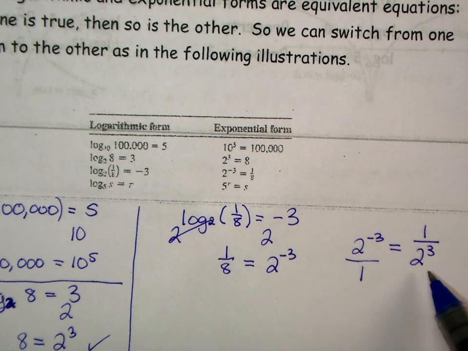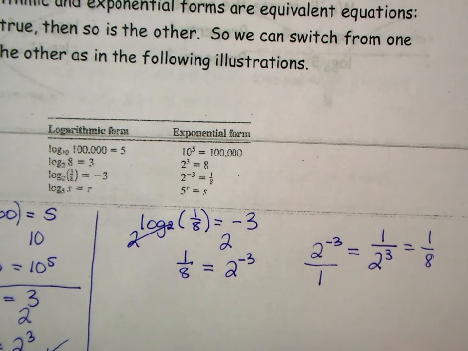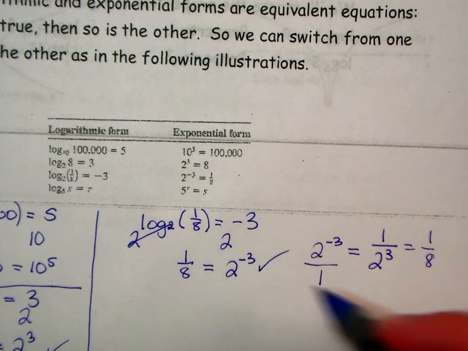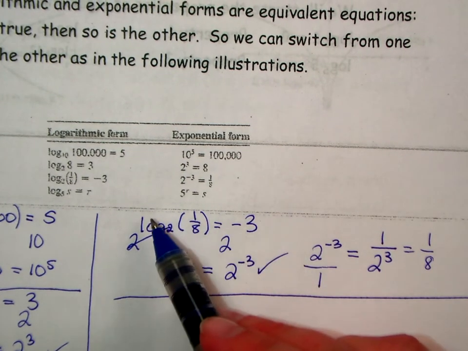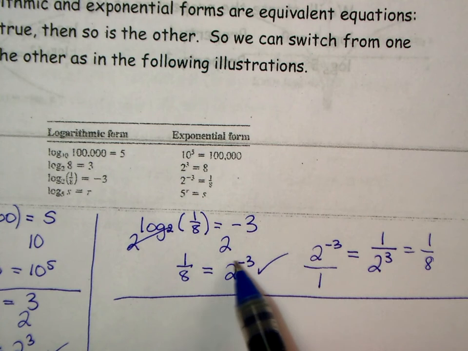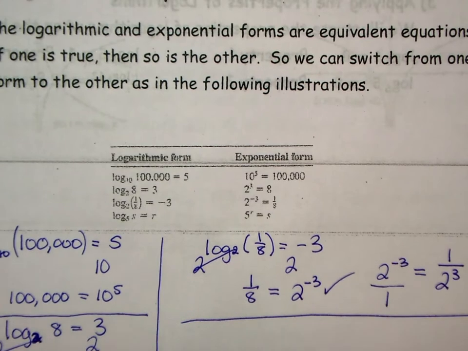So if I move it to the denominator, then that's going to make this exponent positive. And 2 cubed is 8, and so I do indeed get 1/8. All right, so 2 to the -3rd power is 1/8. So we started off with the logarithmic form, and then we're using that to double check our exponential form. All right, one more.